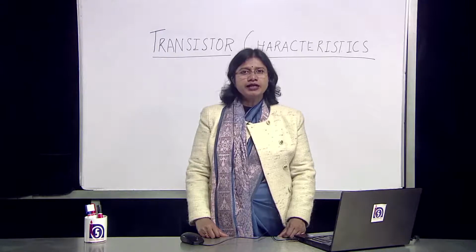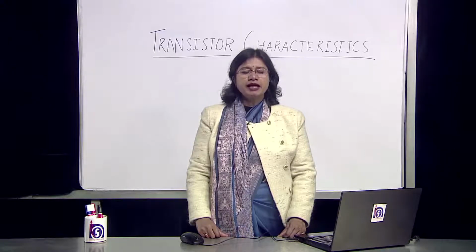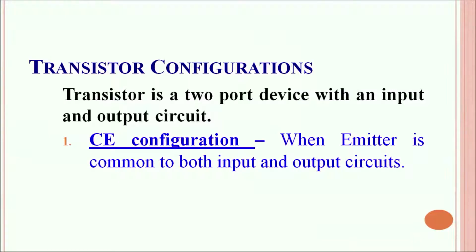So either you take an NPN transistor or you take a PNP transistor. So the emitter and the collector are of the same type and the base is of a different kind of doping. In the common emitter configuration, the emitter is common to both the input and the output circuit.